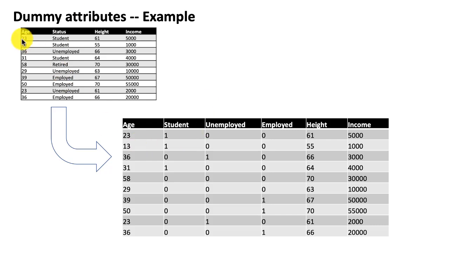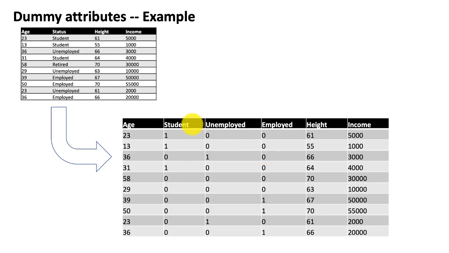And notice that for the first row, the person is a student. And therefore, for the first row here, student is marked as 1, all others are marked as 0. The second row is also a student, so student is 1. The third row is an unemployed person. Notice that for the third row, unemployed is marked as 1, the others are marked as 0.